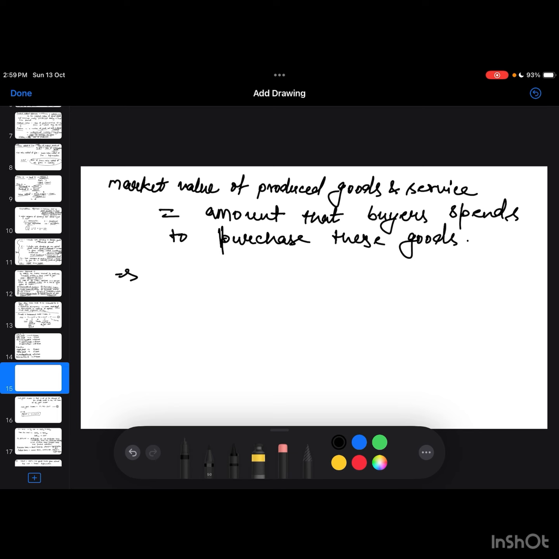So in this way, value added will be equal to the expenditure.